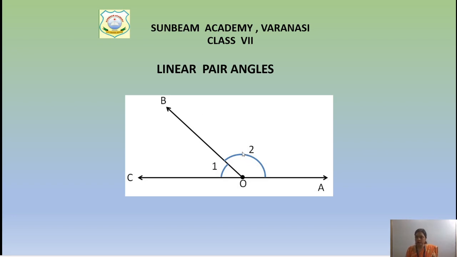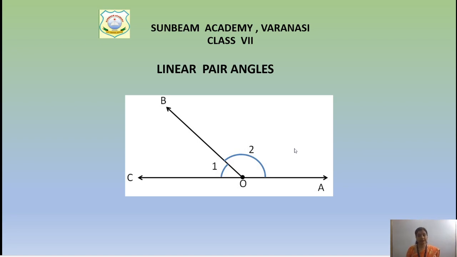The non-common arm is the one that will not be in both angles. OB is a common arm because OB is in angle 1 and also in angle 2. That is why OB is a common arm. So the non-common arms are opposite rays. That's why it is called a linear pair.